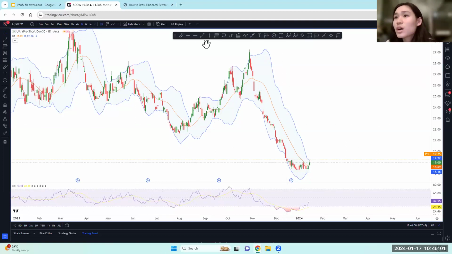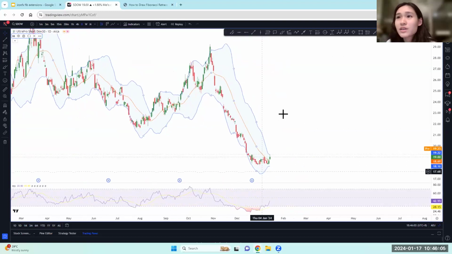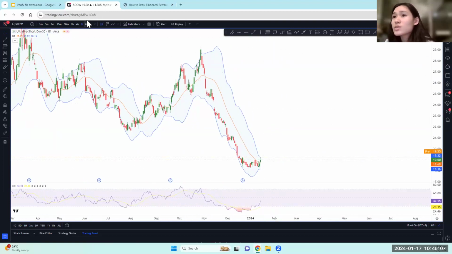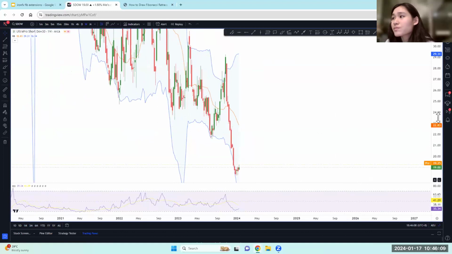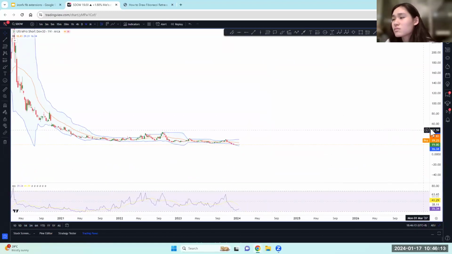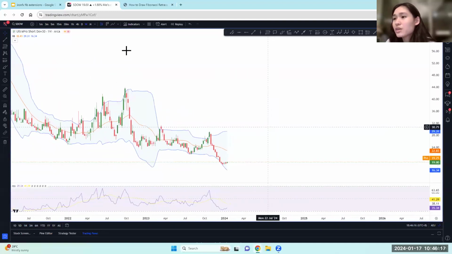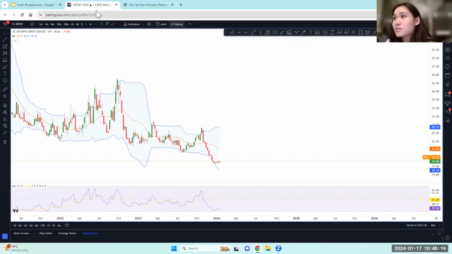We can see a general downtrend on our daily time frame. Let's look at our weekly time frame. The weekly time frame is pretty bearish as well.